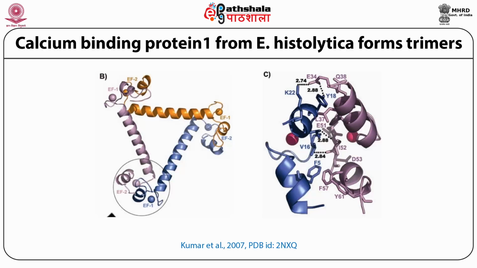But in this trimer, the EF2 of one molecule interacts with the EF1 of another molecule and forms an assembled domain. This assembled domain is very similar to the calmodulin single domain, and this is similar to a domain swapping manner. Here it's a motif swapping which happens and which causes calcium binding protein 1 to form a trimer.